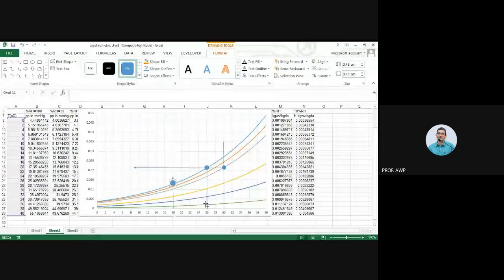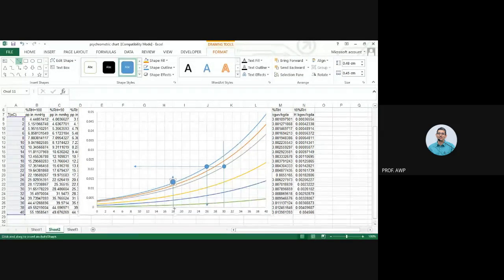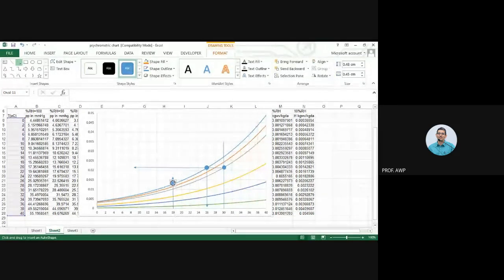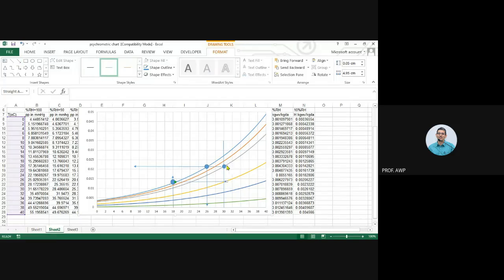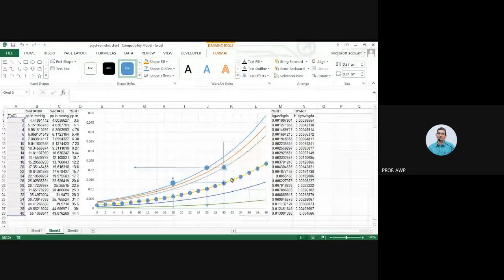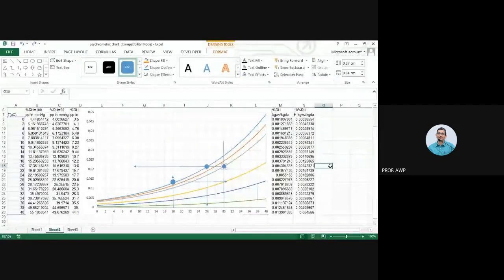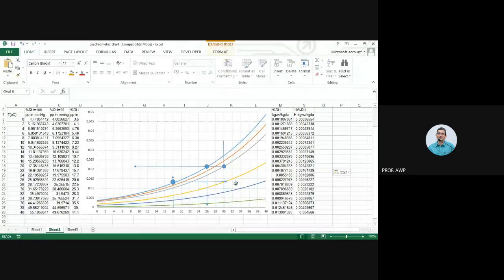I know the dew point is 18, so the humidity must correspond to the vapor pressure, the 100% RH line at 18 degrees centigrade. But now my percent RH is not 100, it is 15. I just have to go across to the 15% line and see the point of intersection. That means I am here.